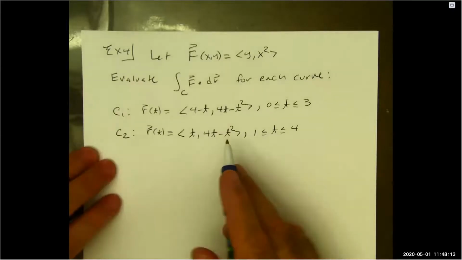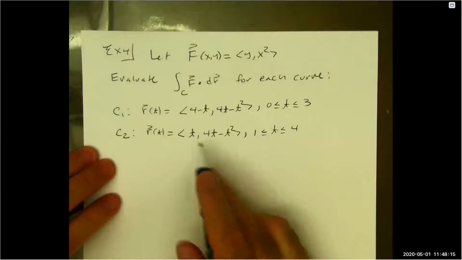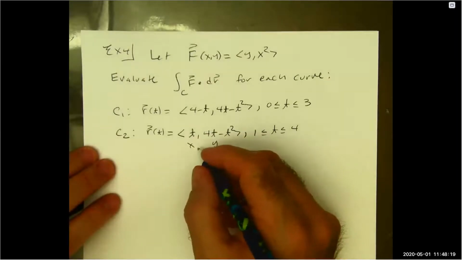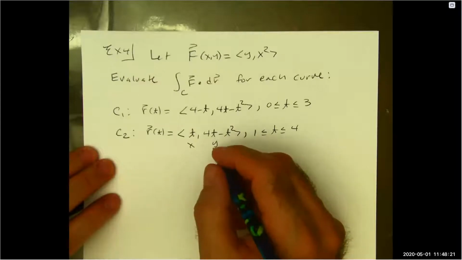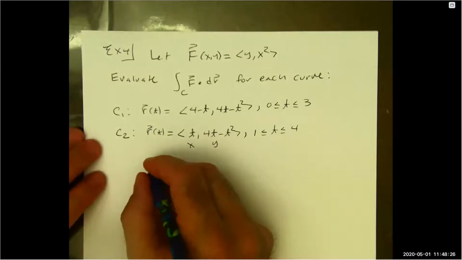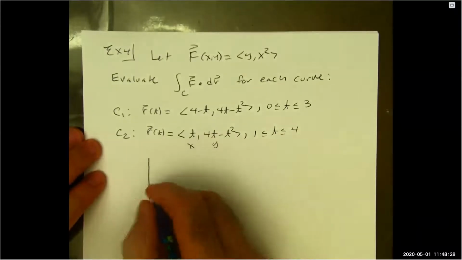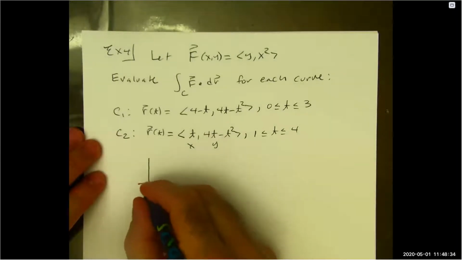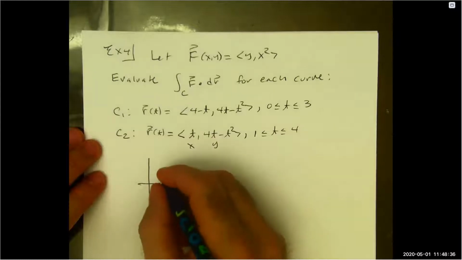And so if we look at this curve here, the t is the x, and this is the y. So we have y equals 4x minus x squared. That's a parabola that's going to have roots at 0 and at 4, and it's a downward parabola.